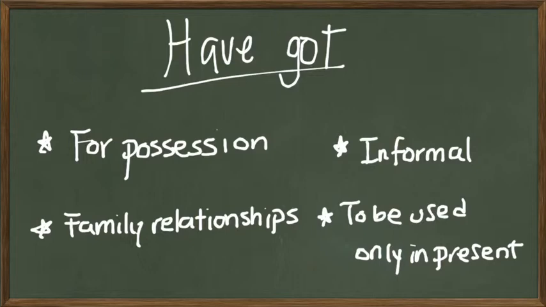We use the expression have got for possession. Yes, it is an informal expression. We do not normally use it when we write formal letters or emails. We use it to express also family relationships. And we only use it in the present form.